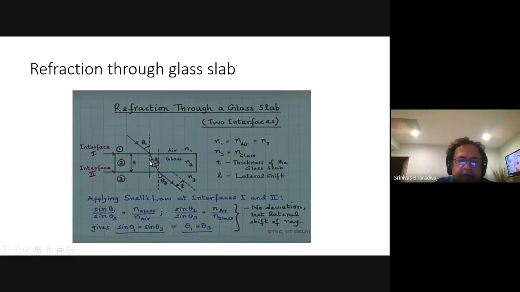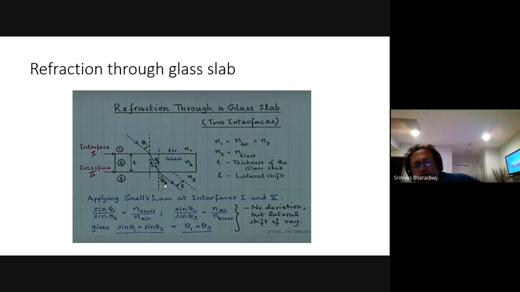Theta2 equals theta2, so that you should expect. Therefore, sin I by sin R is applied twice: when it hits, it deviates, and then when it goes out, it deviates back.